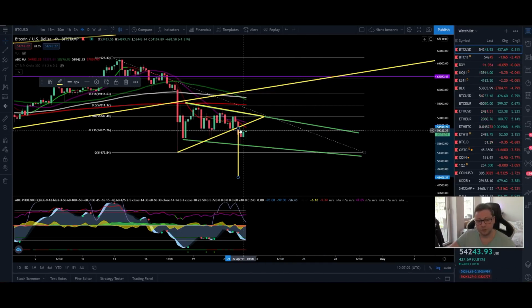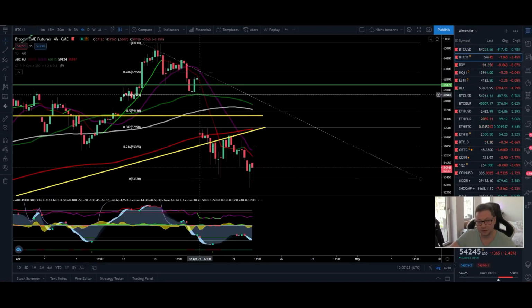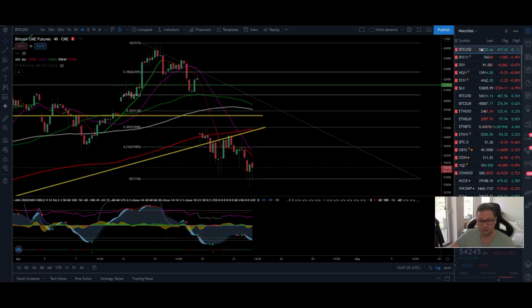So even though we are breaking out to the downside and it is very likely that we're coming down to $49,000, I still think that before we maybe get a bigger correction than that, we are going up here to retest this new potential resistance and also close the CME gap that is still open here at $62,000.